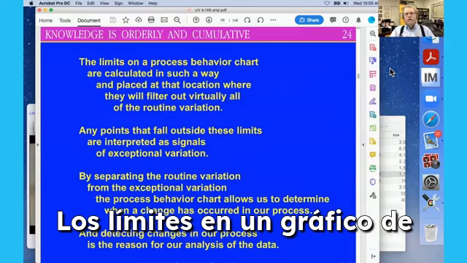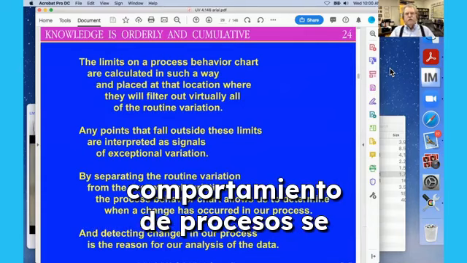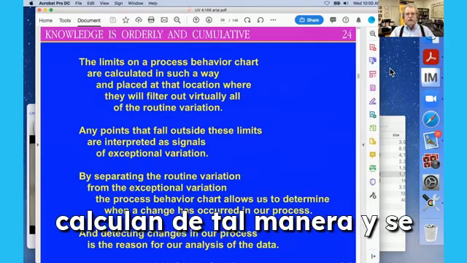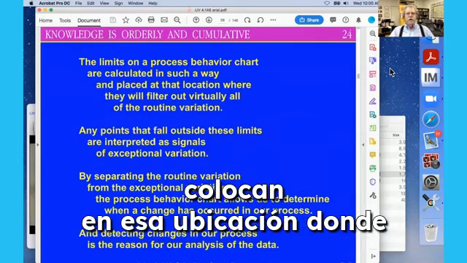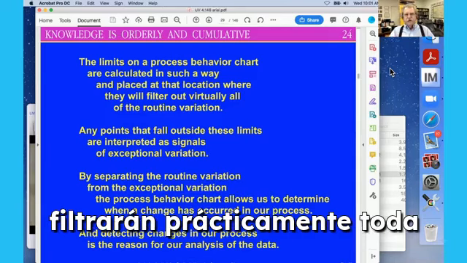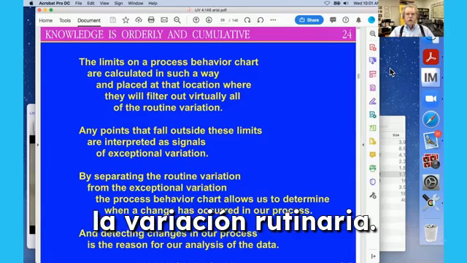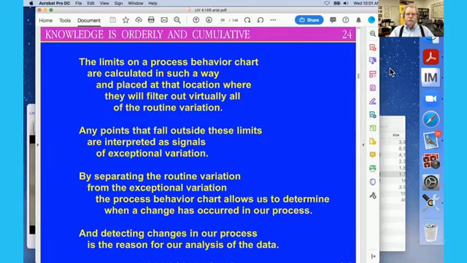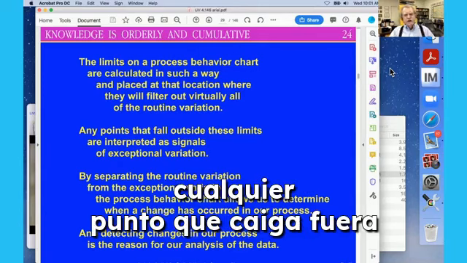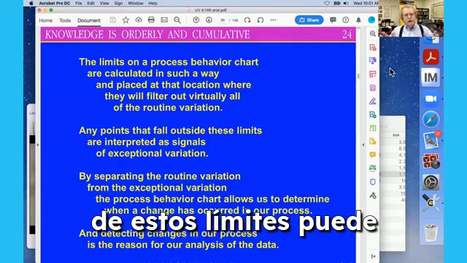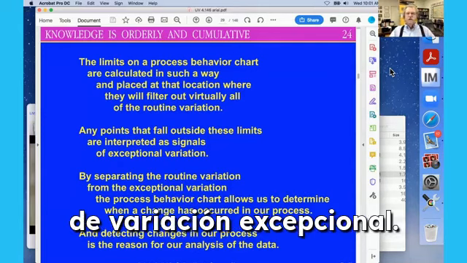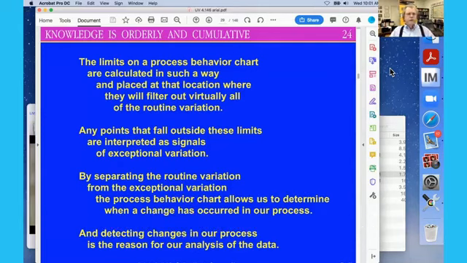The limits on a process behavior chart are calculated in such a way and placed at that location where they will filter out virtually all of the routine variation. Therefore, any points that fall outside these limits can be interpreted as signals of exceptional variation.